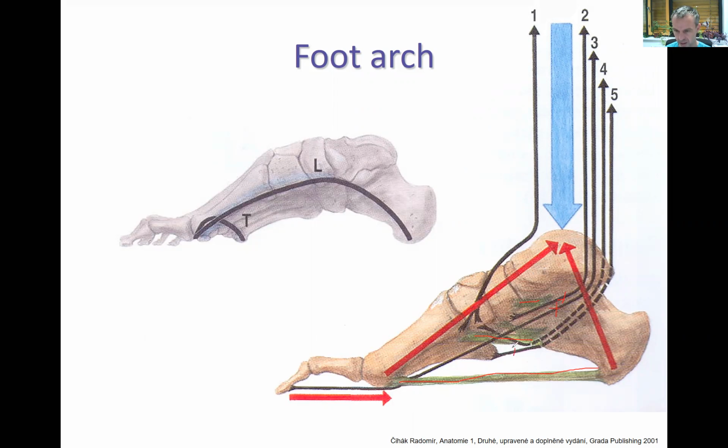And you can see the stirrup, which is formed between the tibialis anterior and fibularis longus muscles. It really reflects a stirrup used when riding a horse.